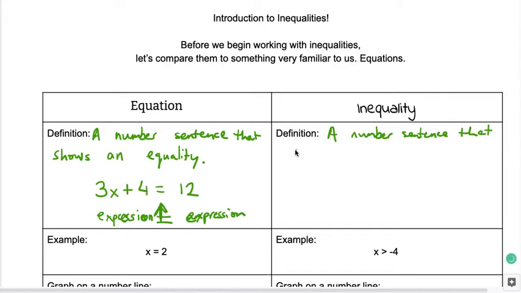That shows a relationship between one side and another that is not equal, but is greater than or less than, or sometimes equal. That's where an inequality shows an inequality between two expressions.